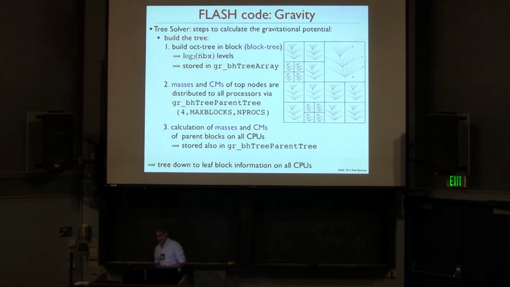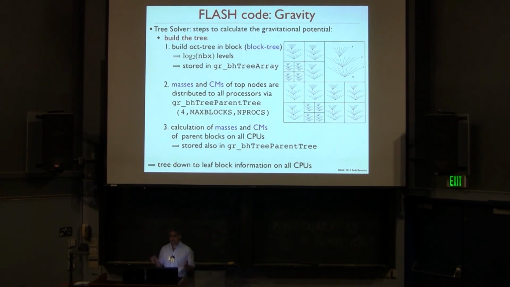This is one of the bases of how it works. First of all, in addition to the AMR tree block structure, in this algorithm an additional block tree is generated.